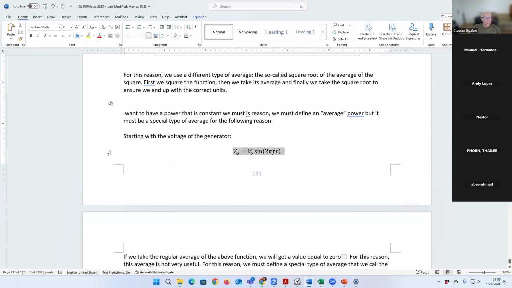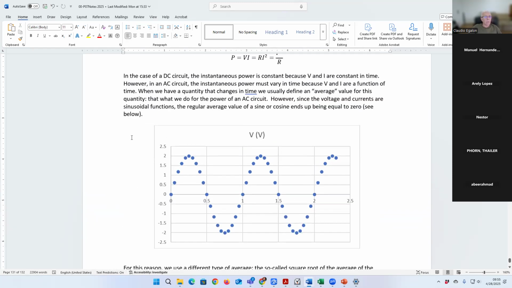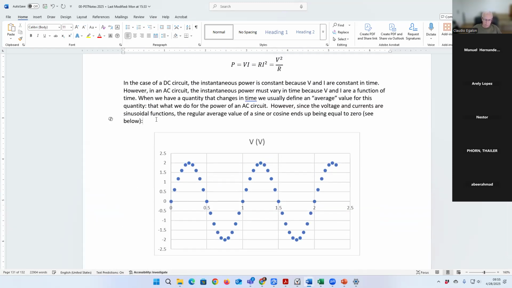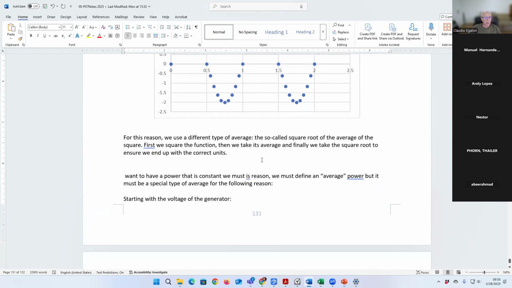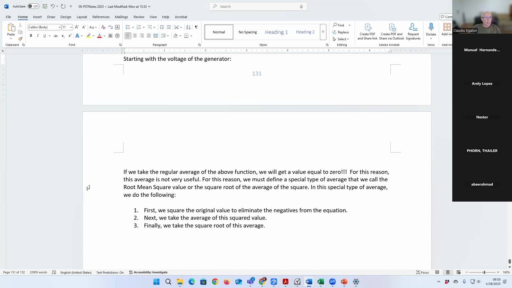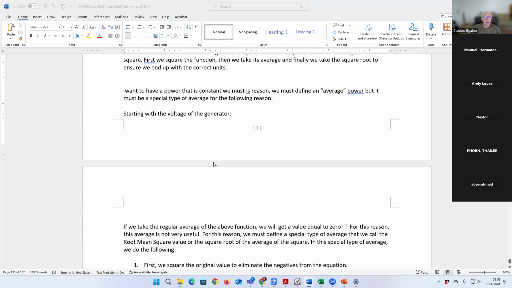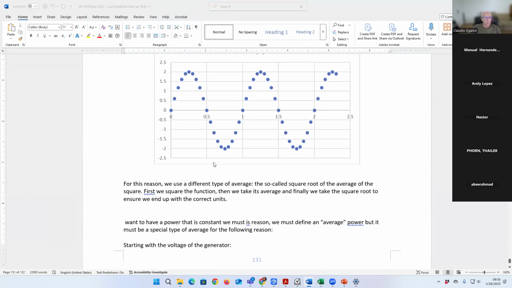And I want to put the average value here, and I'm going to use notation that's widely used out there.